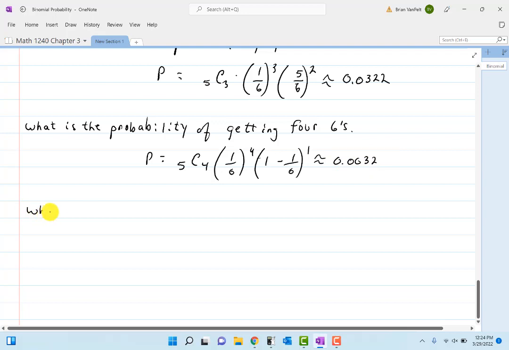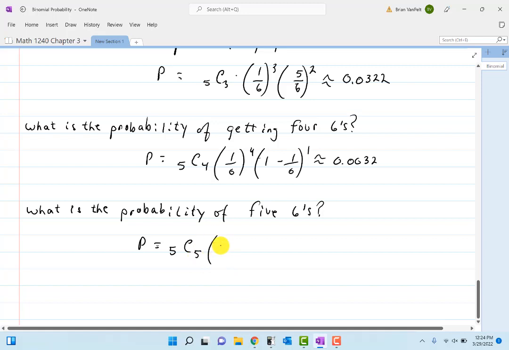What is the probability of 5 6s? So all 6s. I should put my question marks here. So here now we are going to have 5C5 times 1/6 to the fifth times 1 minus 1/6 to the 0.